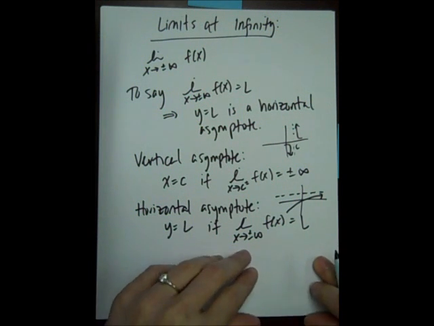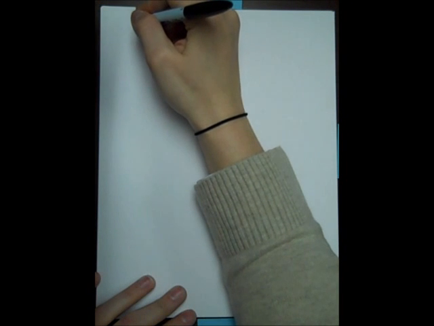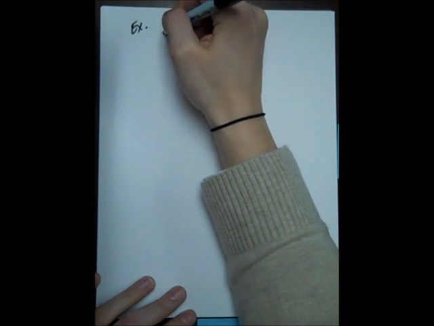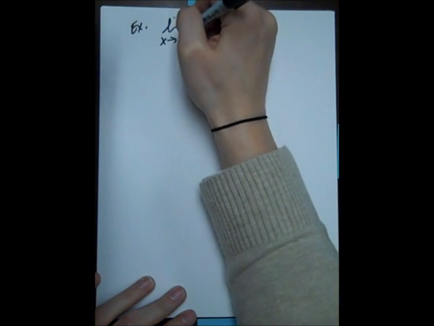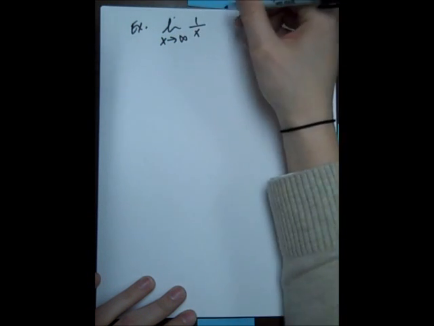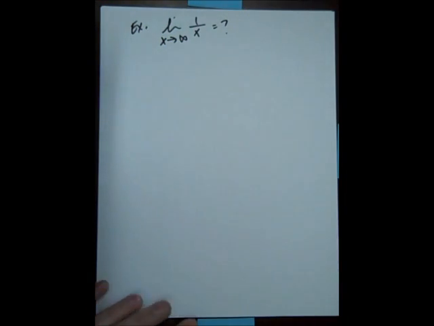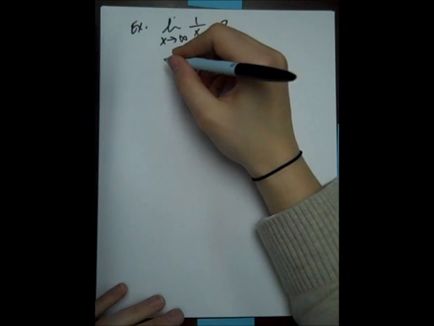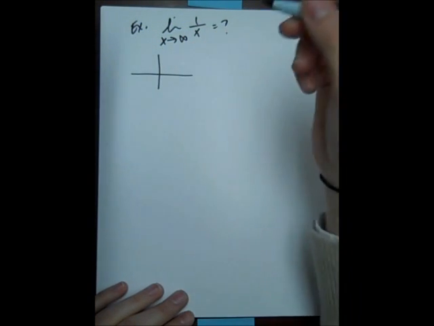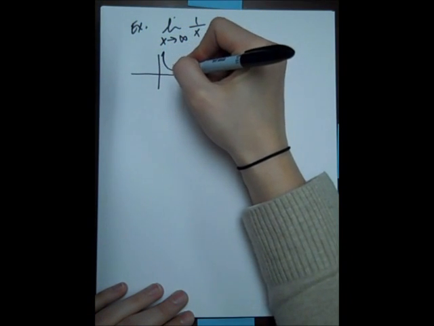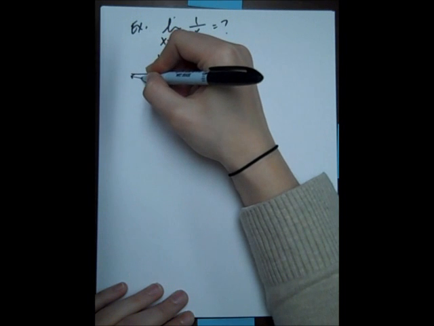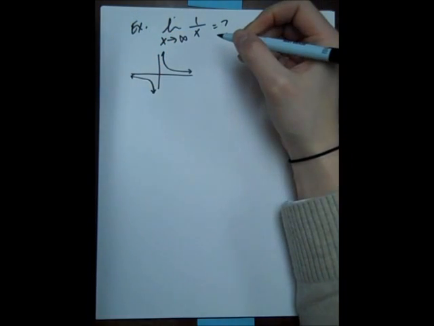So how do you evaluate these limits at infinity? Well, the ones that we're going to look at are generally polynomials or rational functions, or you could just look at the graph. Let's look at the limit as x approaches infinity of 1 over x. If we look at the graph of 1 over x, it has a vertical asymptote at 0, and this is my function.